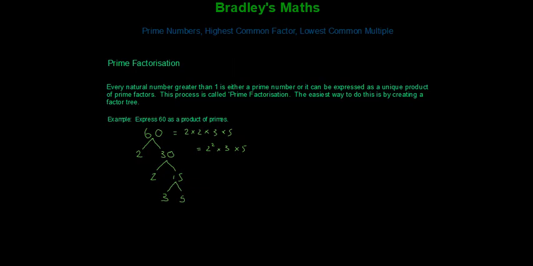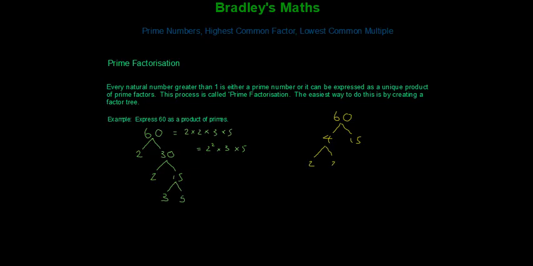Okay? Now, there's more than one way of finding this. So let's find an alternative. Let's do the alternative in yellow. It's still best to do a factor tree. But 60, you might not have come up with 2 and 30. Maybe you came up with 4 and 15. Well, fair enough. 4 is 2 times 2.